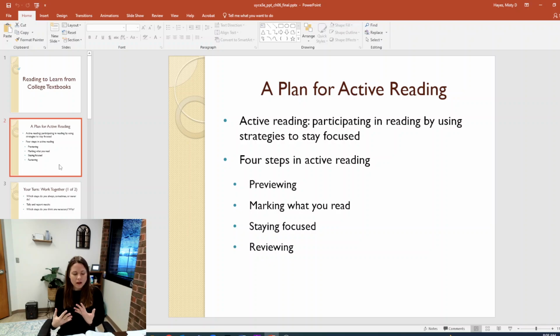So when you're in college, we want you to participate in active reading. This just means that you're going to use strategies that will really help you with your note-taking and help you stay focused on what you're trying to get out of the actual chapter. There are 4 steps in active reading. They're right here: previewing, marking what you read, staying focused, and reviewing.